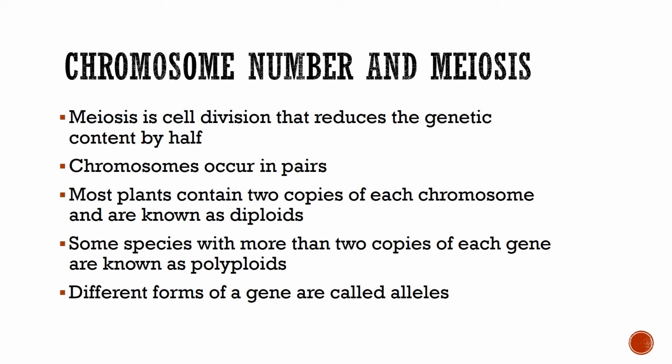So, chromosomes by number and meiosis. I'm sure you remember from your 5th or 6th grade science class, meiosis versus mitosis. So meiosis is another type of process that is really critical to growth, and it's a cell division that reduces the genetic content by half. So when you think meiosis, think of that cell division reducing the genetic content by half.